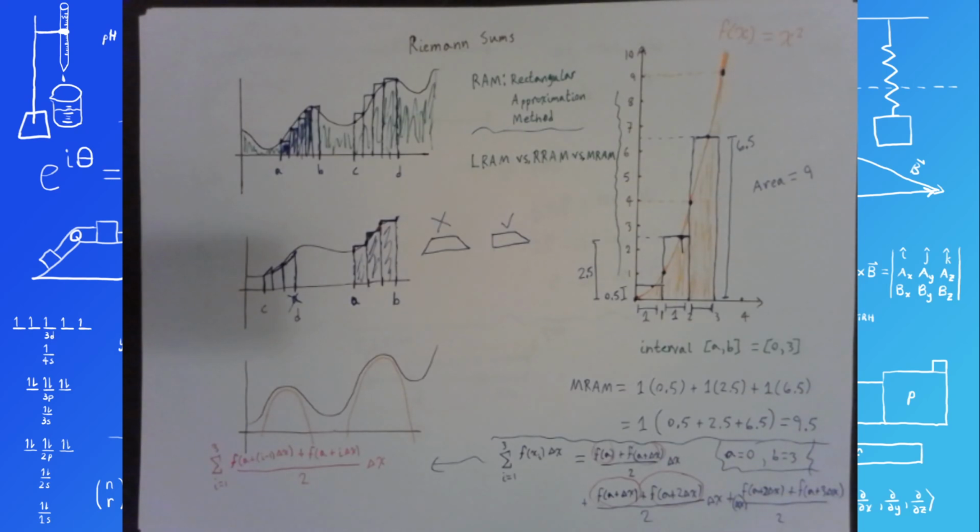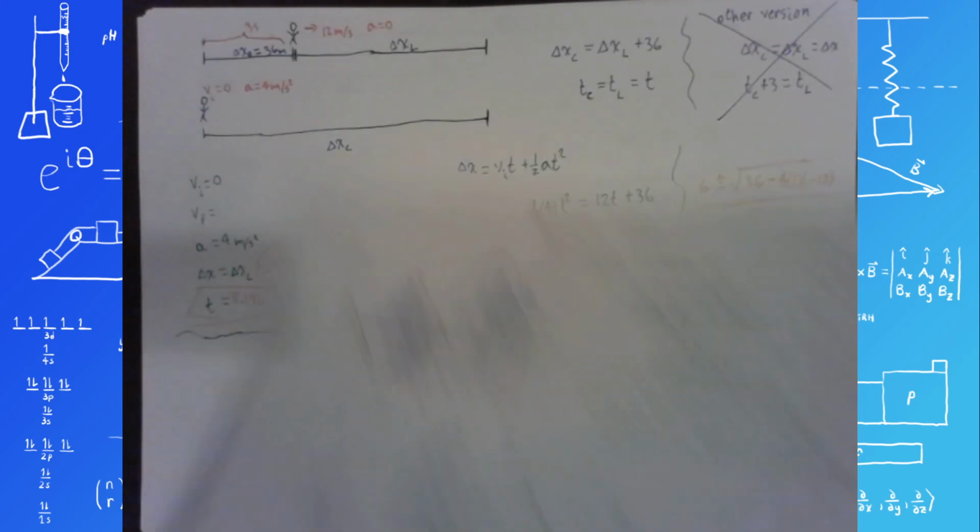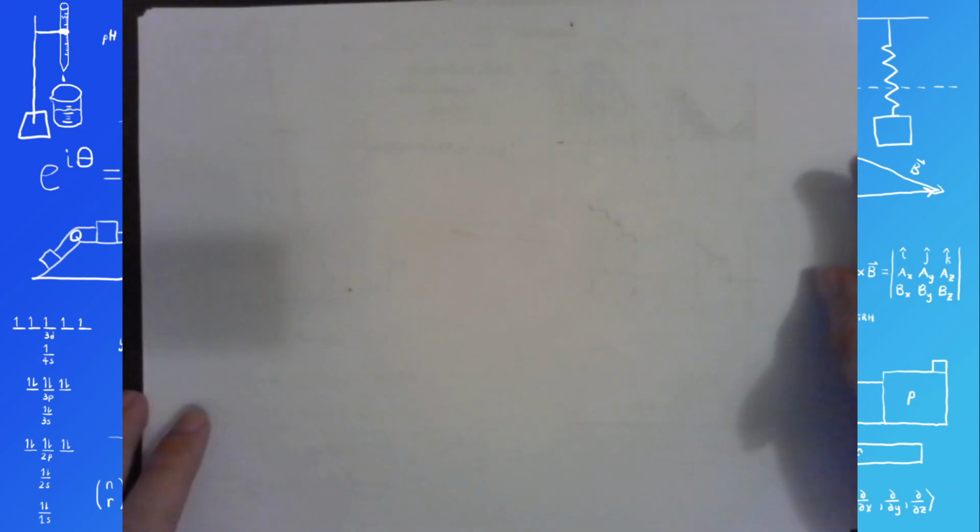Let's go ahead and do a, let's see, would left or right be better in this case? I think I would rather go with right. So let's go ahead and do that on the other side of this page. So I'm going to draw something over here.